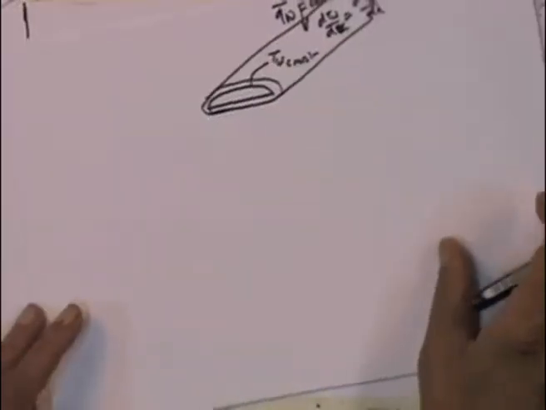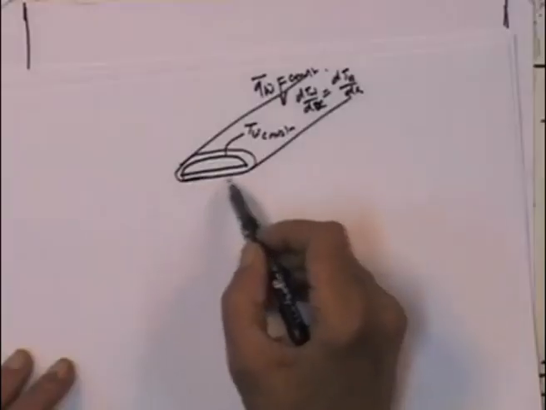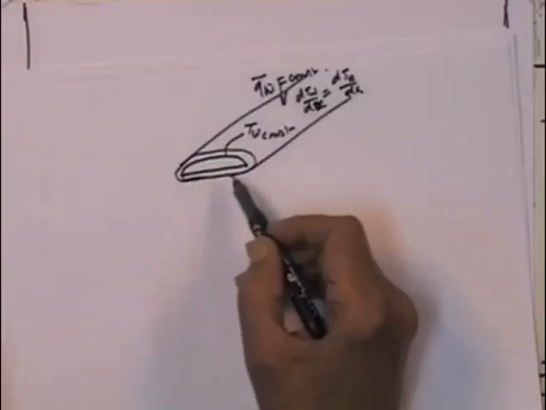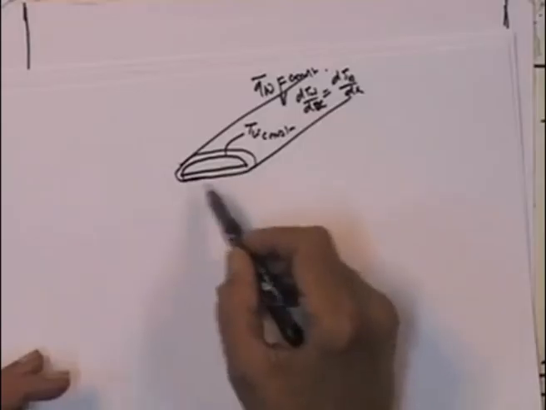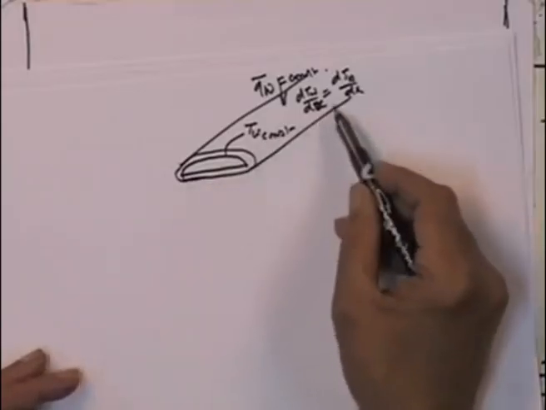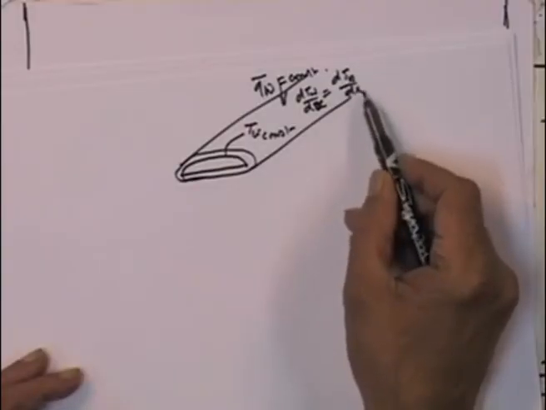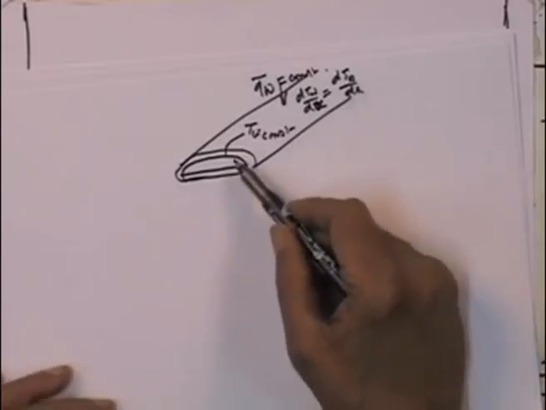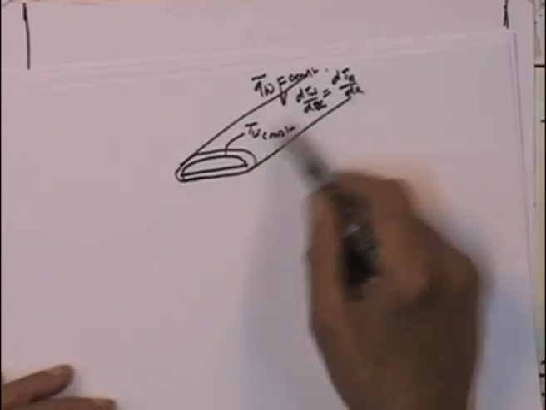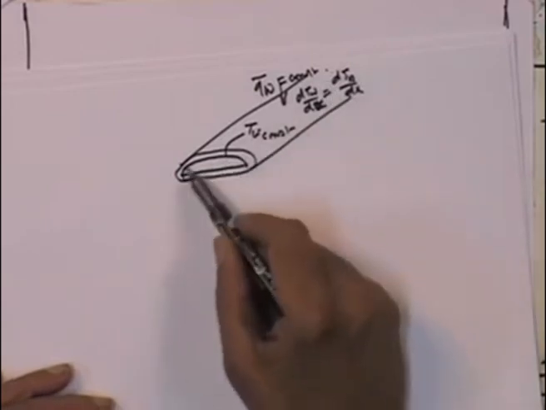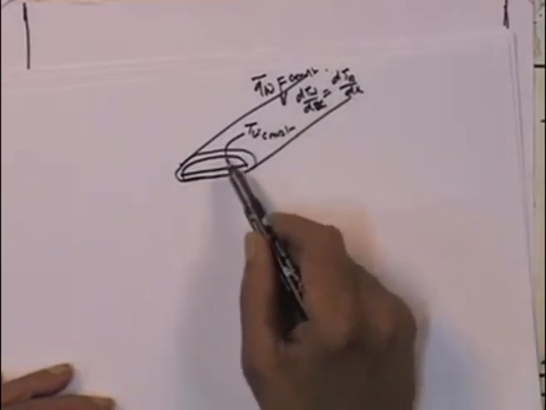This is a special case of arbitrary variation, dT wall/dx equal to dT bulk/dx, and therefore actually T wall will increase with x, but circumferentially the temperature is constant.